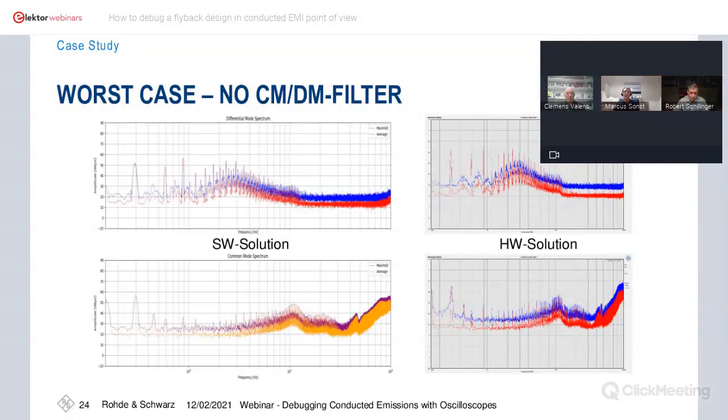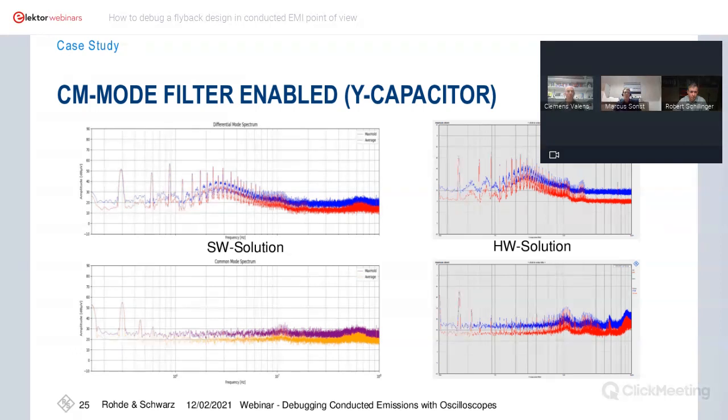As a next step, I applied Y capacitors to filter the common mode noise. And this is really what you see in the bottom of this slide here in the 2 windows. The common mode is really attenuated a lot, especially here at higher frequencies.